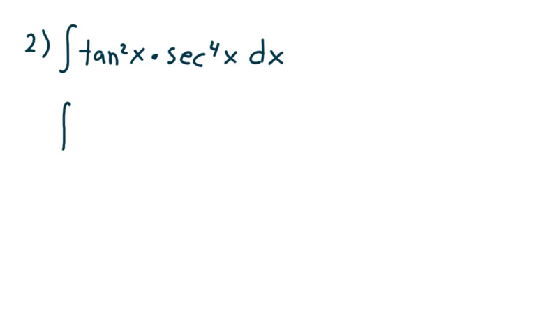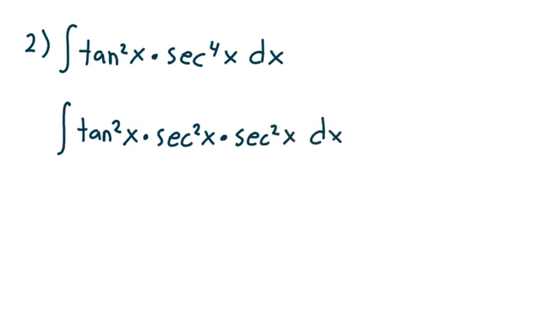So what I want to do is save off a secant squared x because I know that the derivative of tangent x is secant squared x. So I'm going to rewrite this as tangent squared x times secant squared x times secant squared x dx.